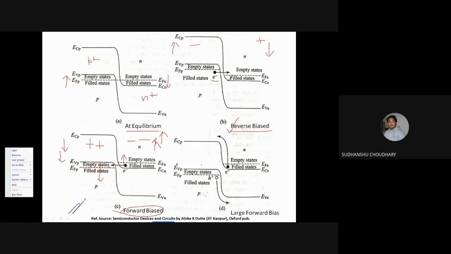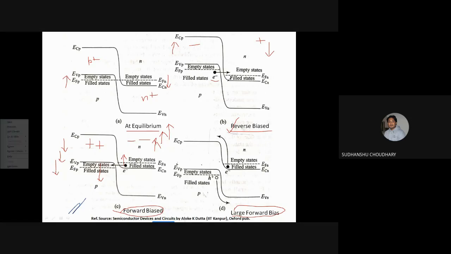This point represents this fact, that few filled states are now in front of few empty states. Now when this forward bias is further increased, that is, when you apply a large forward bias, the energy bands on this side are further pulled up, and the energy bands on this side are further pulled down.